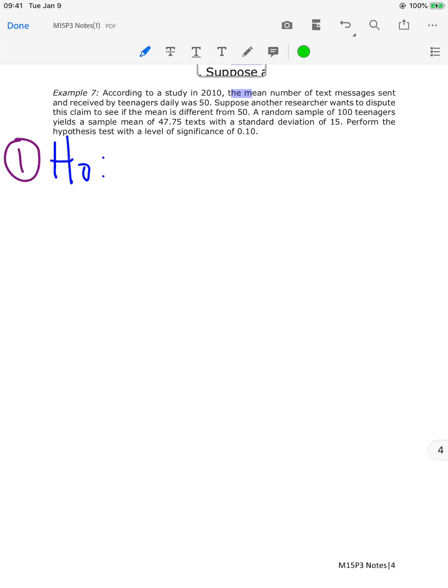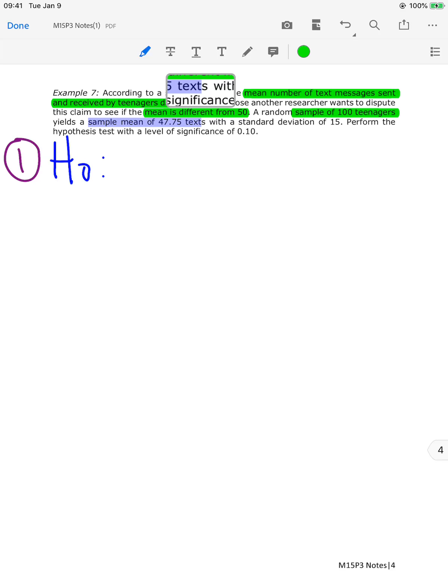So the mean number of text messages sent was 50. They want to see if the mean is different from 50. They sample 100 teenagers. Sample mean of 47.75. Standard deviation of 15. Level of significance of 0.1. That's everything we're going to need in order to solve this problem.